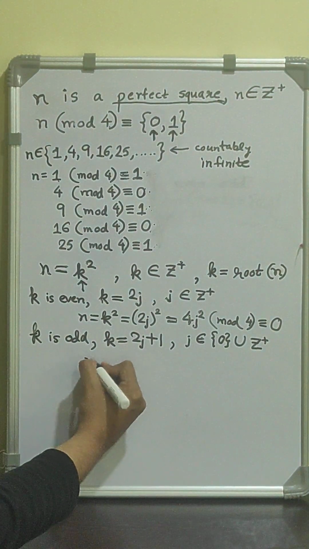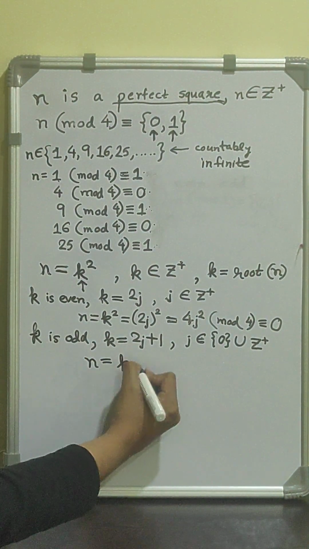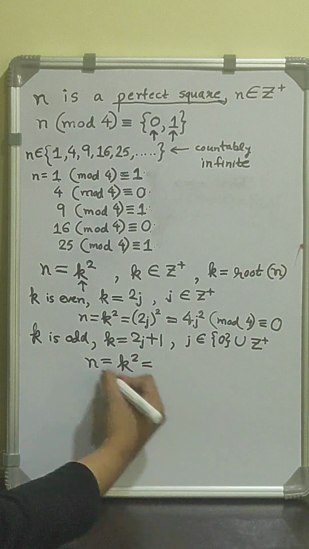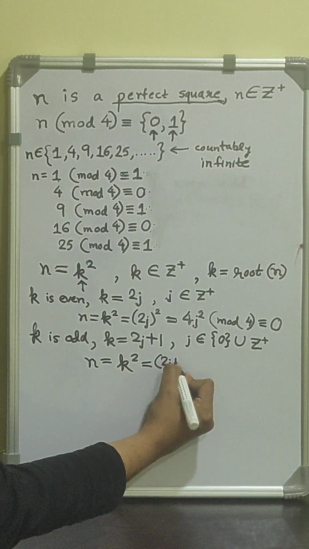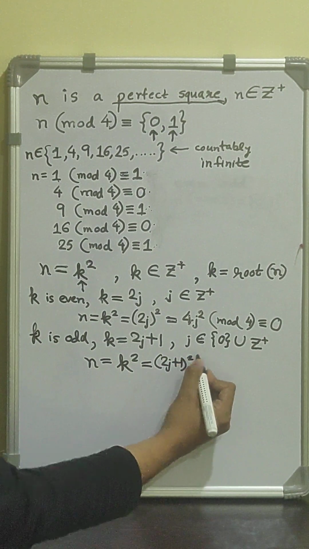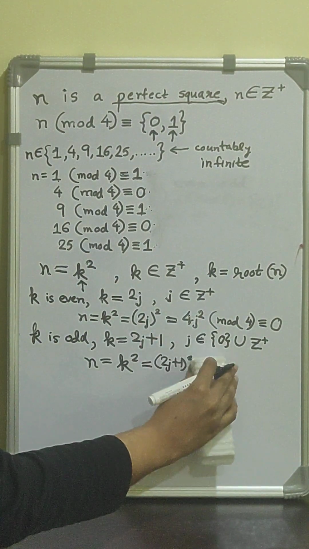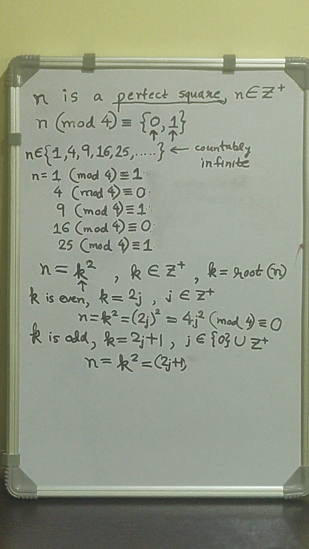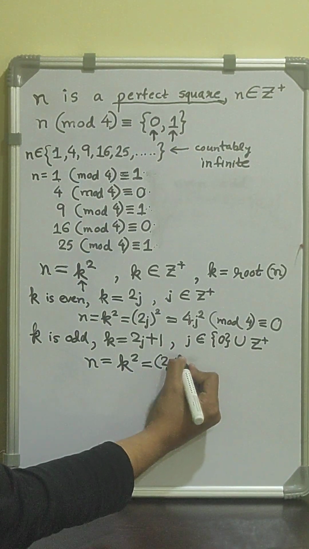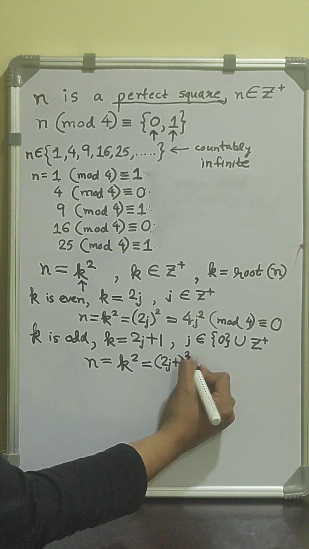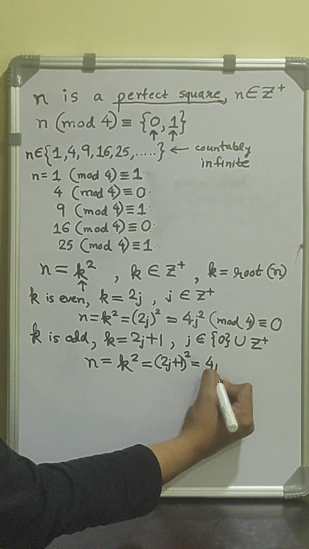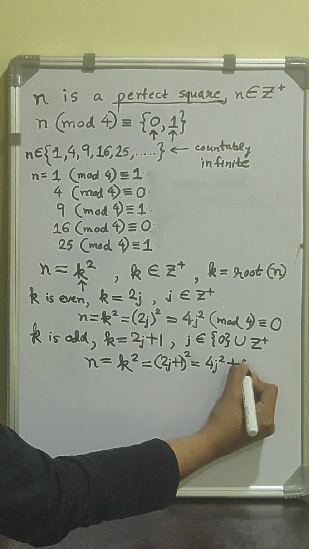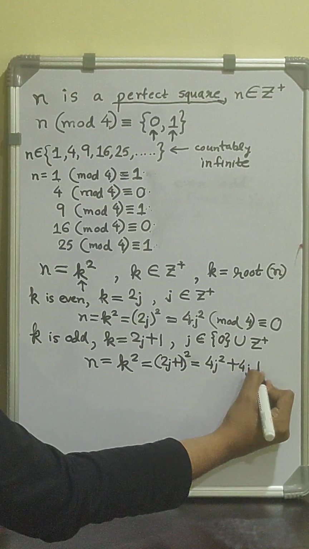So if k is odd, then what is n? n is k squared, and this time it is this. And as we might know from algebraic identities of squares, this will be 4j squared plus 4j plus 1.